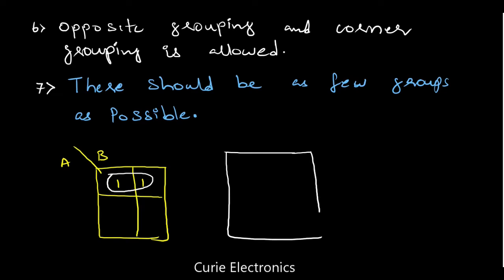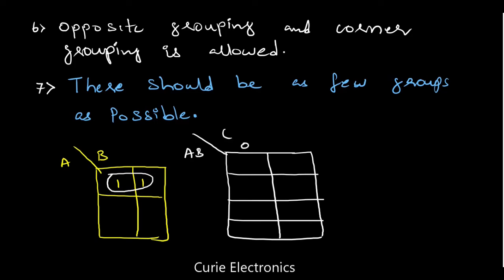Let's take a 3 variable one. So this is A, B, C, 0, 1, 0, 0, 0, 1, 1, 1, 1, 0. If 2 ones are there, then we can pair it.